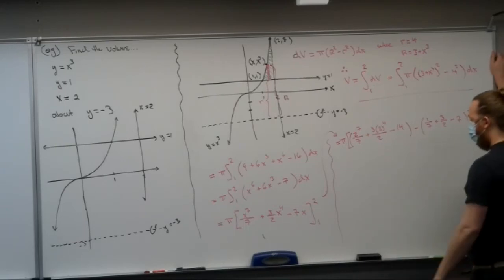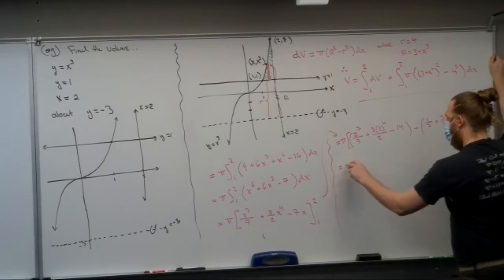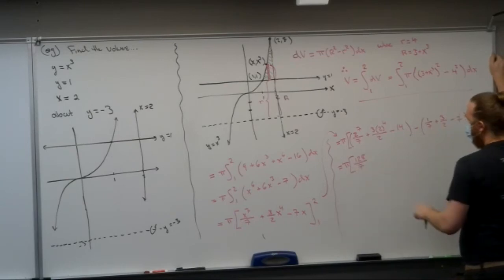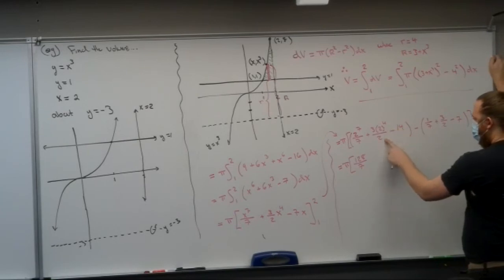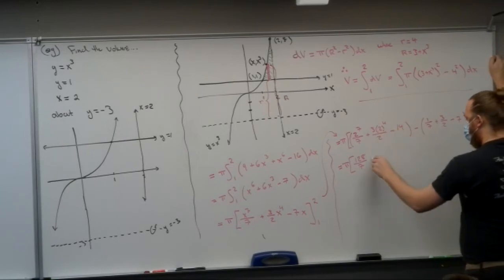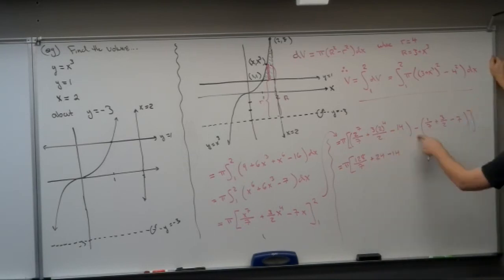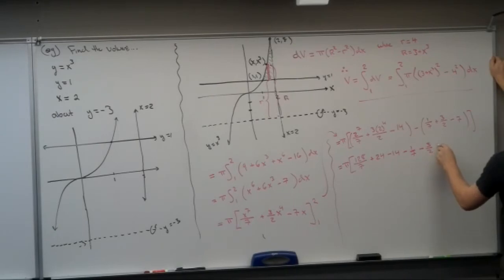And this can be cleaned up. 2 to the 5 is 32, 2 to the 6 is 64, 2 to the 7 is 128. So 128 sevenths. 2 to the 4 is 16, divided by 2 is 8. So this is 3 times 8, which is 24, minus 14. And I'm distributing this negative.